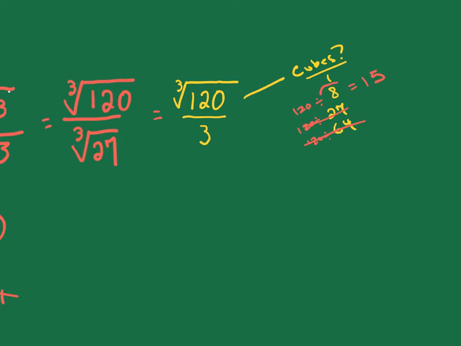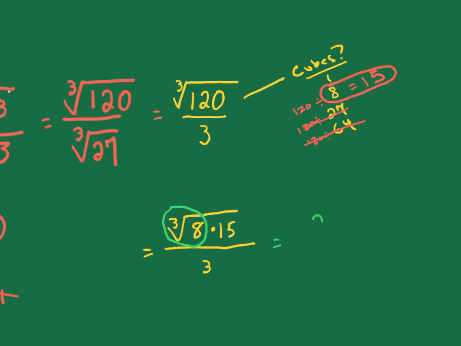So you're going to want to rewrite that 120 as 8 times 15. On bottom, we've got 3, and this will simplify because the cube root of 8 is 2. The 15 stays inside, and then we've got 3 on the bottom.